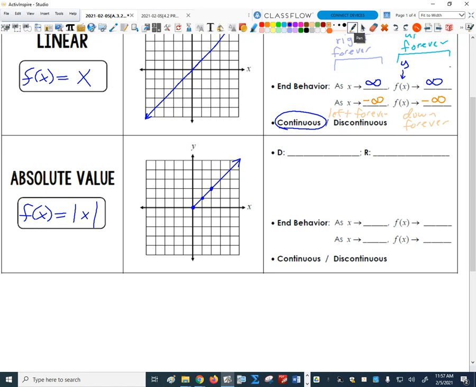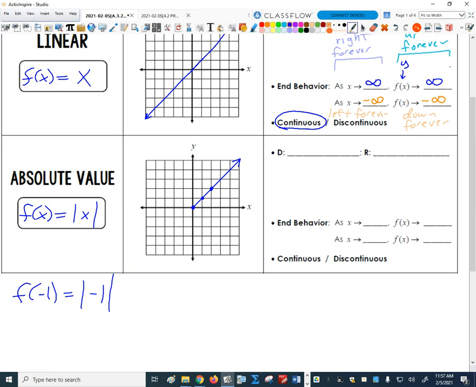What if I go backwards? What if x is -1? If I'm plugging in a value of -1 into my function to calculate the y value, what's f of -1 going to be here? f of -1 is going to equal the absolute value of -1. What's the absolute value of -1? Type it in chat. Okay, I'm seeing it. People are holding up one finger. Yeah, it's 1, isn't it? Right?